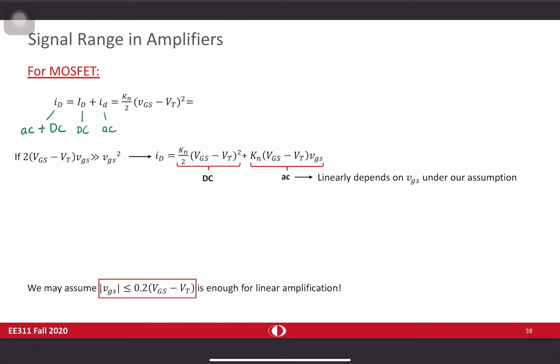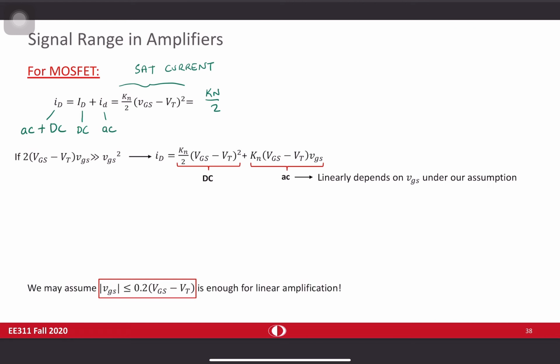And in general, I can write it like Kn VGS minus VTN squared. So this is saturation current. And please note that in the saturation current expression, it should be valid both for DC and AC, and therefore this VGS also has two terms, DC and AC. So let's write it down like that.